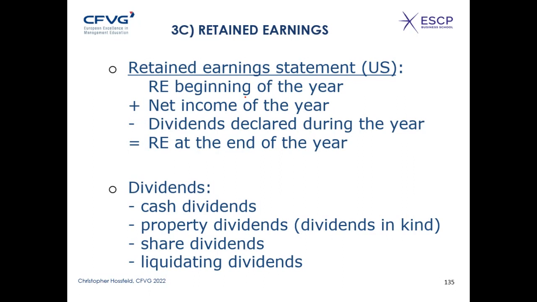So you can imagine if you're a shareholder of LVMH, the luxury company, which produces champagne, well, it's better to get a bottle of champagne than a dividend of €2. The champagne has a higher value. So there are quite a few companies where you get in-kind dividends, which are products.